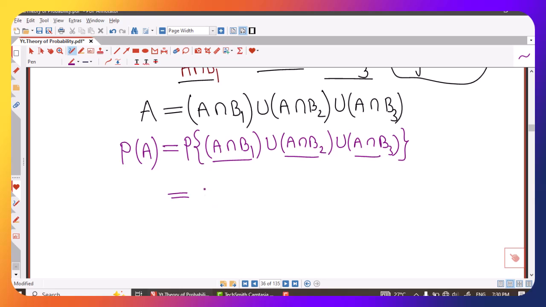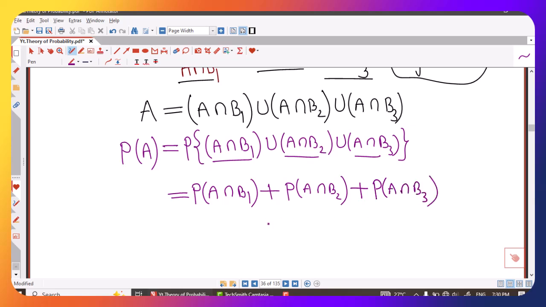and these three events are mutually exclusive. Therefore, by addition rule, we can write that probability of union of three events is equal to addition of probabilities of three events, because these three events are mutually exclusive. Okay, I am shortly writing as events are mutually exclusive or they are disjoint.